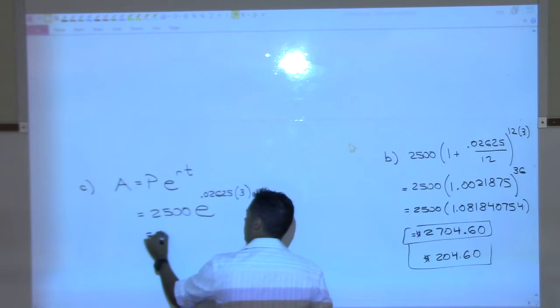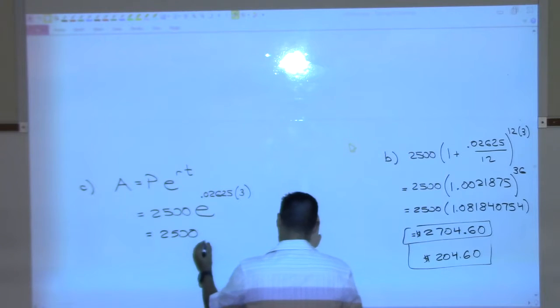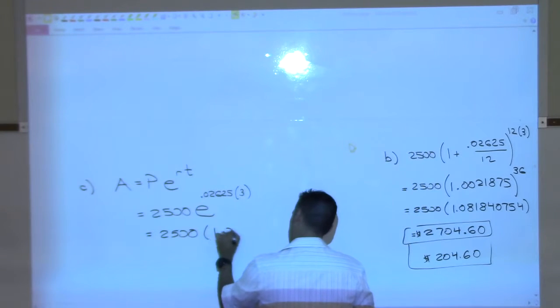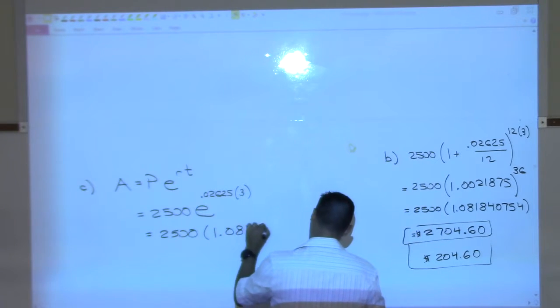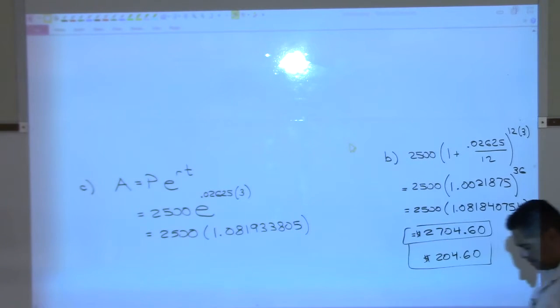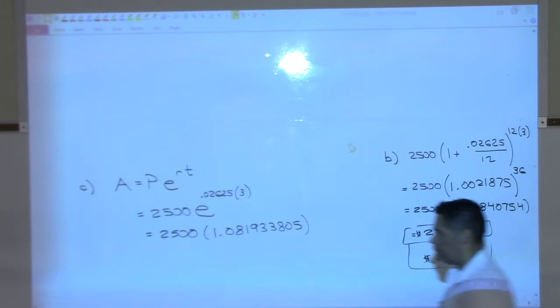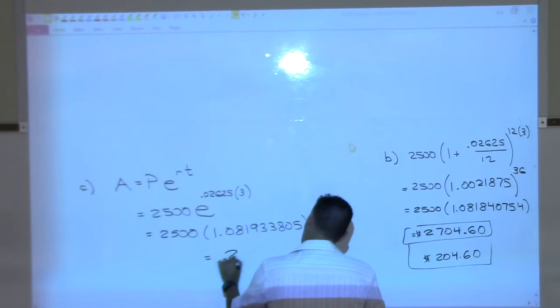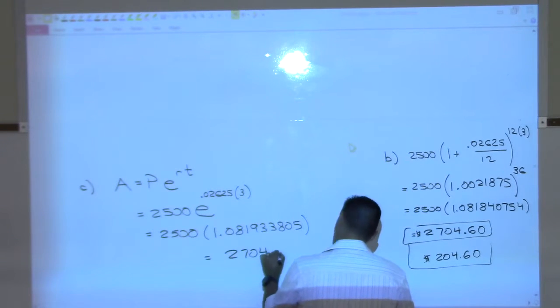So you should get 2,500 and then 1.081933805, $2704.83.